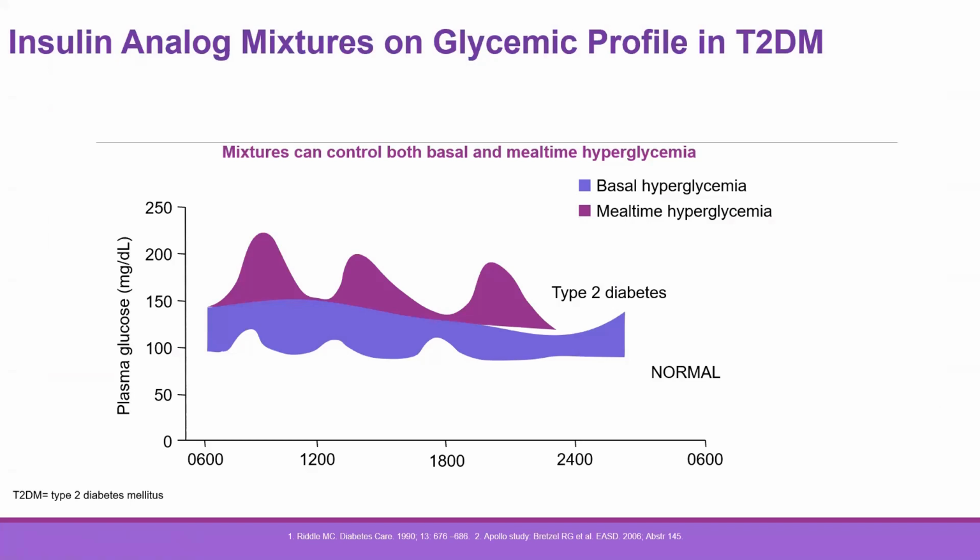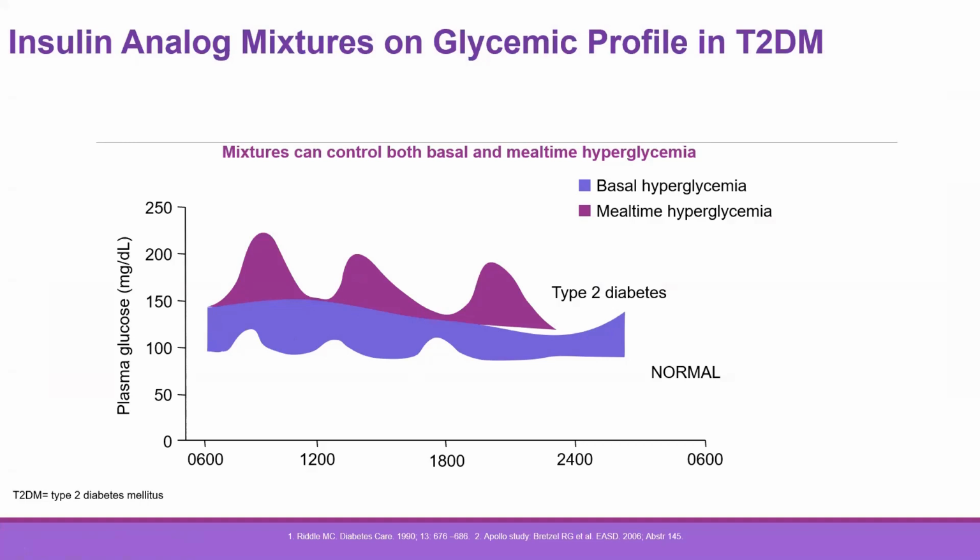Now let us have a look at the insulin analog mixtures on the glycemic profile in type 2 diabetes mellitus. You can see that this is basically a basal hyperglycemia, and these are the mealtime hyperglycemia. In a diabetic subject, you have a steady hyperglycemia as a basal level, and every time you eat, with breakfast, lunch, and dinner, you have prandial hyperglycemia as well. Now, we use the mixed insulins.